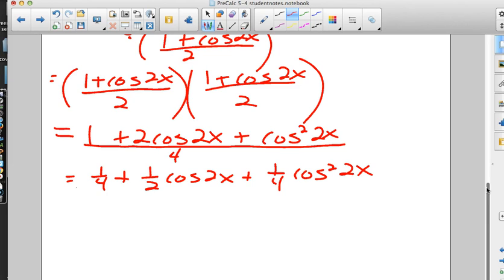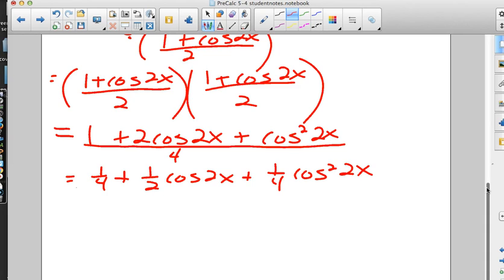These terms are not the issue. That one is. That one still has a squared. And the instruction said, rewrite cosine to the fourth of x in terms of trigonometric functions with no power greater than 1. So we're not done.